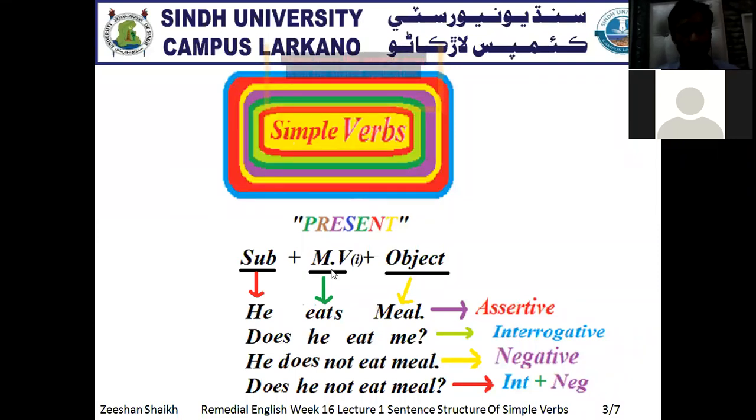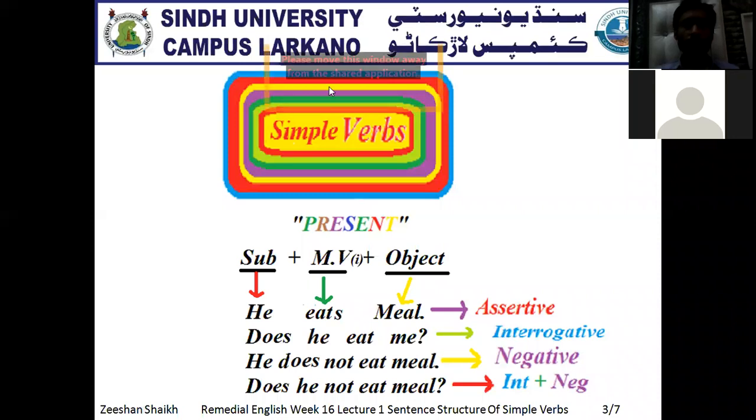Second, we have to give the main verb, which is of your first form. Then the object comes at the last. Means the subject comes first, then the main verb, and at last we have to give the object.